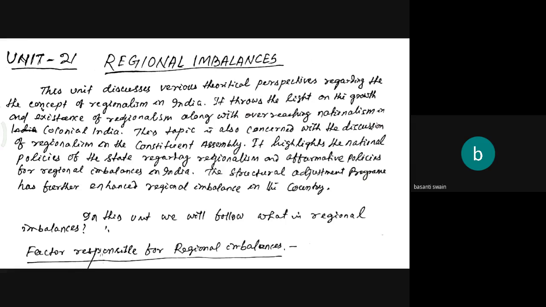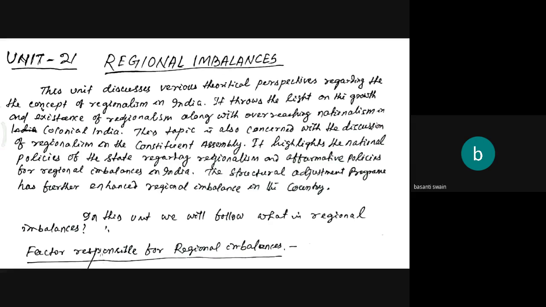So now we'll discuss in detail the regional imbalances, why this unit is the focus of study. This unit discusses the various theoretical perspectives regarding the concept of regionalism in India.